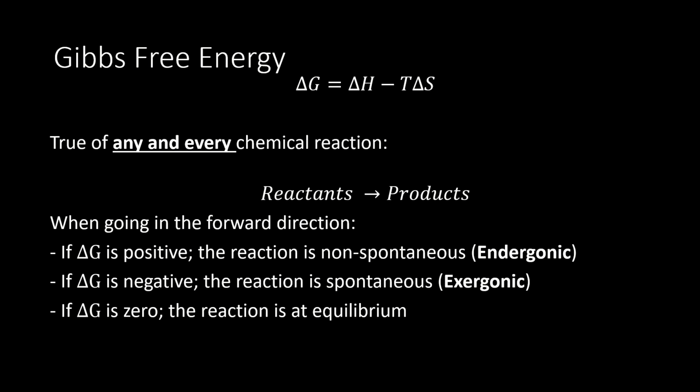And if delta G equals 0, or is near 0, that just means that our chemical reaction is at equilibrium. Therefore, both the forward and backward reactions are happening in tandem with one another.